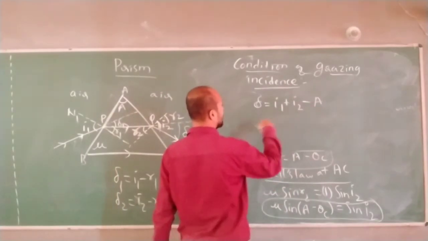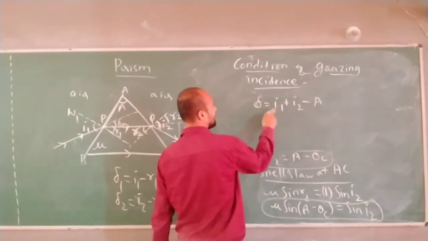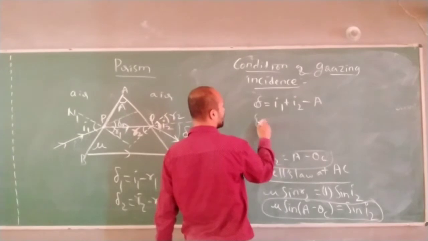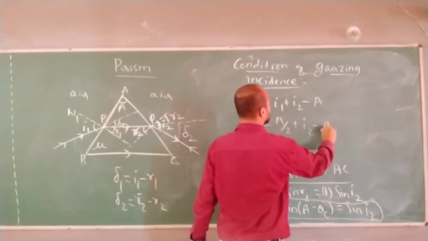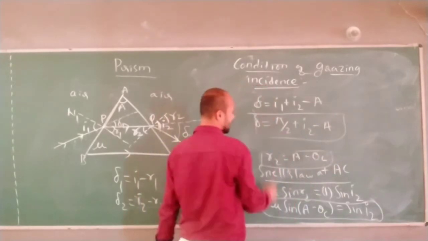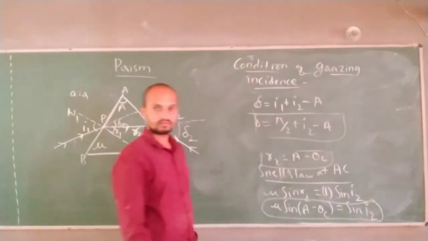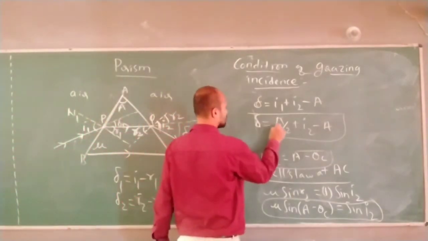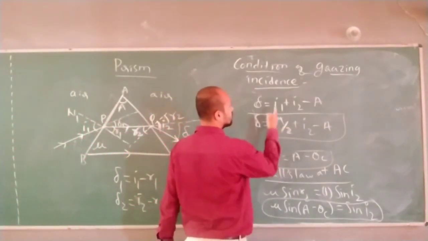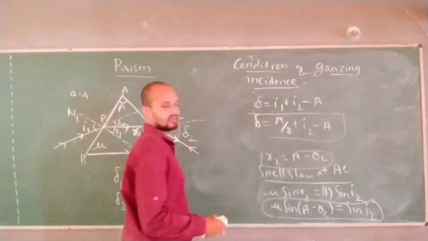In this case I1 is 90 degree, so delta will become pi by 2 plus I2 minus A. If you want to find I2, use the previous expression again. This is the delta which happens. Pi by 2 is 90 degree, I1 is 90 degree. Got it?